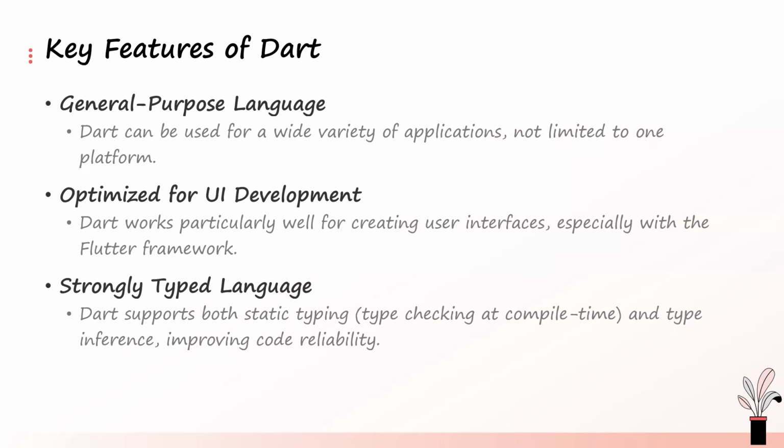Now, anybody taking this course, this should not be your first time programming. That is the requirement, because you should understand what we mean by static typing or dynamic typing. JavaScript is a dynamically typed language. We are going to see languages like TypeScript, C#, and C++, which support static typing.